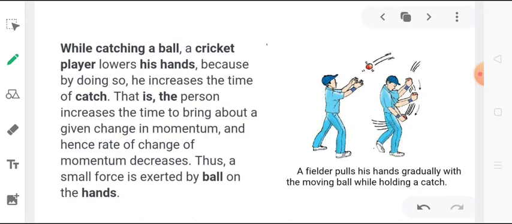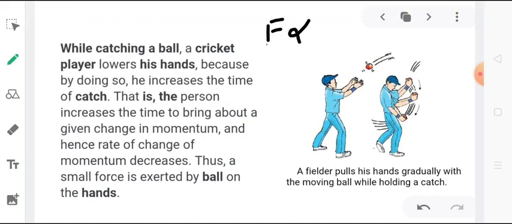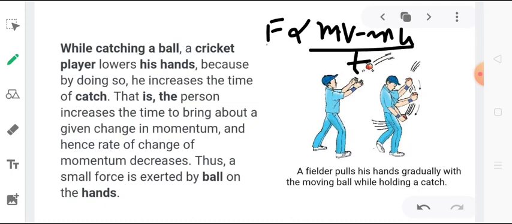Just imagine F is directly proportional to (mv minus mu) divided by t. So initial velocity is very high, final velocity becomes 0. So in a very small time, if the ball is brought to the state of rest, if t is small, force will be very high, and this stopping force will be acting on the hands of the player, and obviously the player will get hurt.